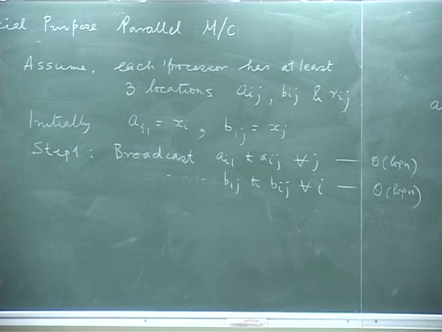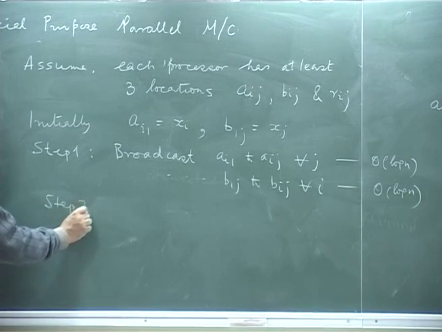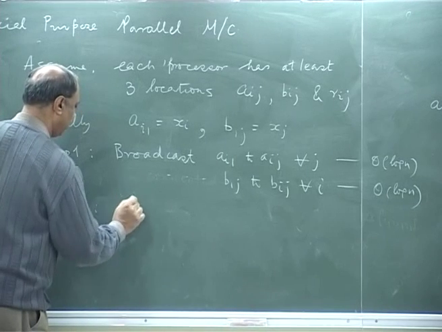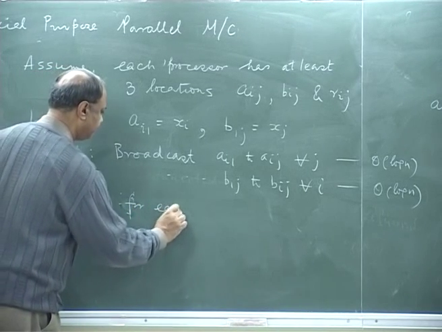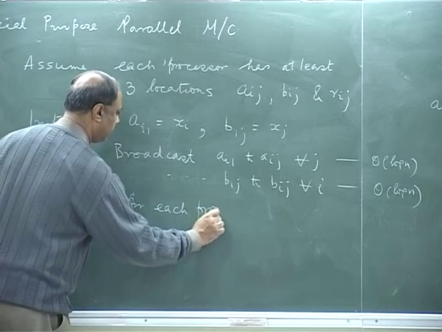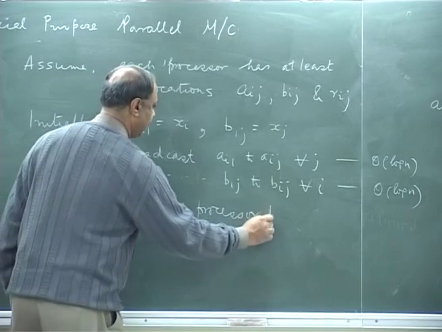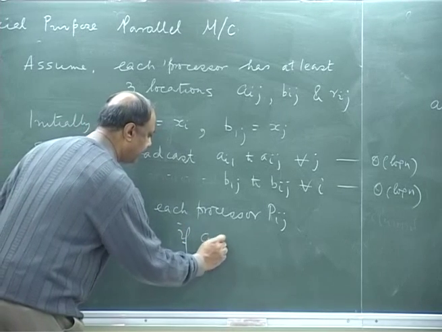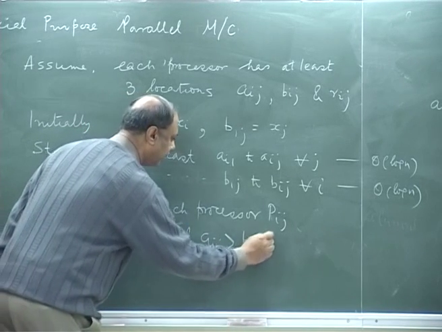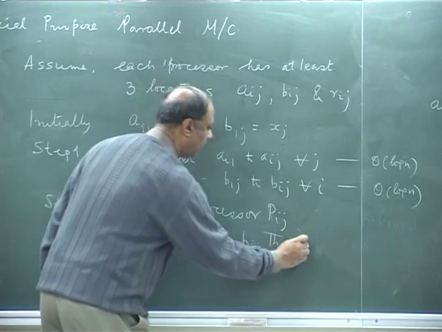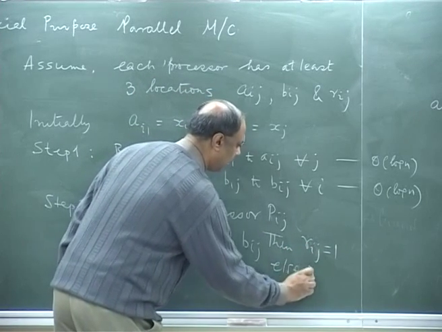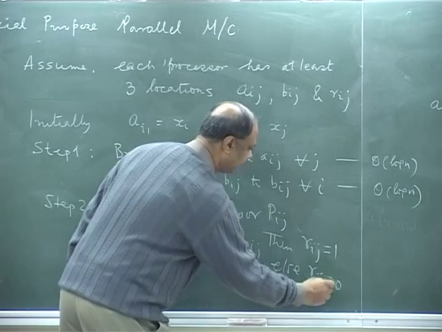Now, step 2: for each processor Pij, if Aij is greater than Bij, then Rij is 1, else Rij is 0.